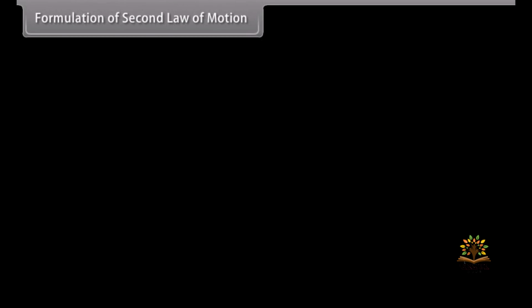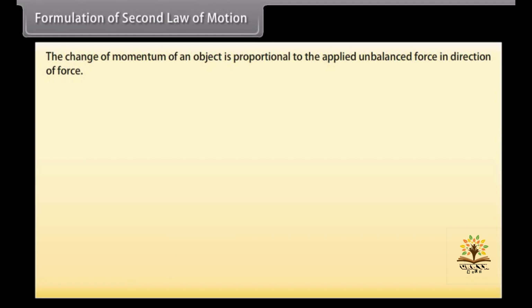Formulation of the second law of motion. The change of momentum of an object is proportional to the applied unbalanced force in the direction of force. Let the initial momentum be P1, which is equal to mu. Let the final momentum be P2, which equals mv.